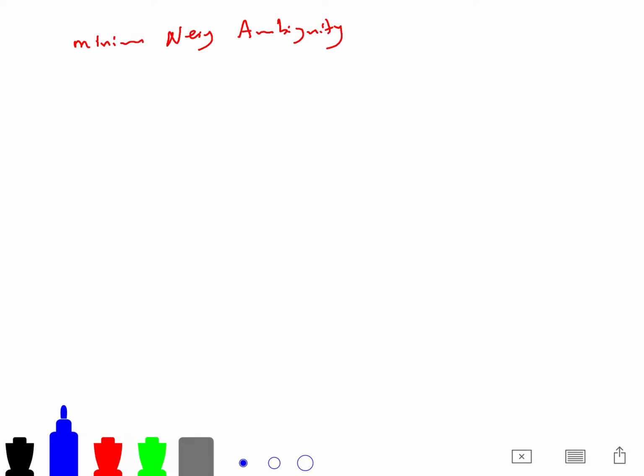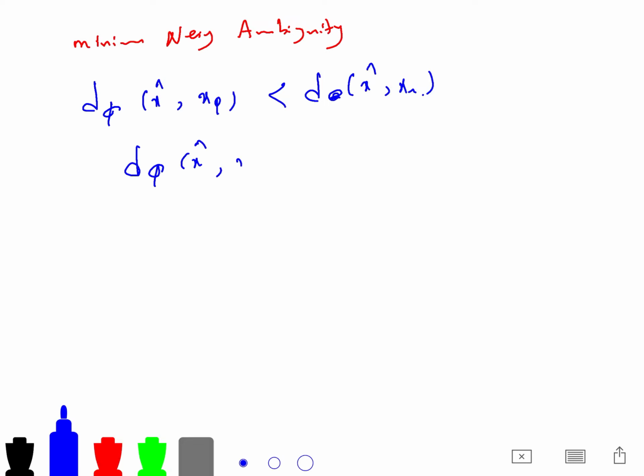So we would like to satisfy that the distance between x hat and a positive point is less than d phi of x hat and xn. But unfortunately, these affinity matching methods, like the one like this, all of them are parametrized. They need parameters. And the bad thing is it's not an ordinary parameter.